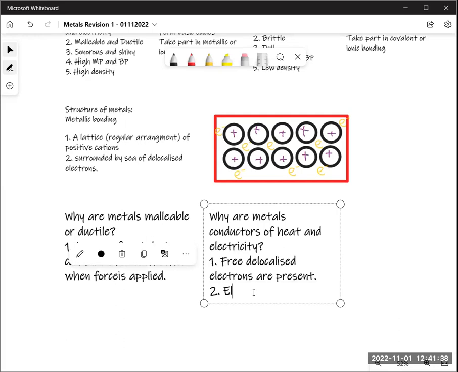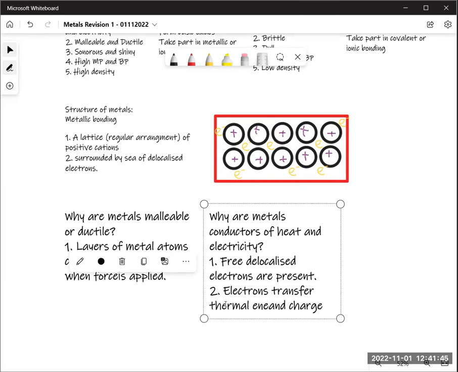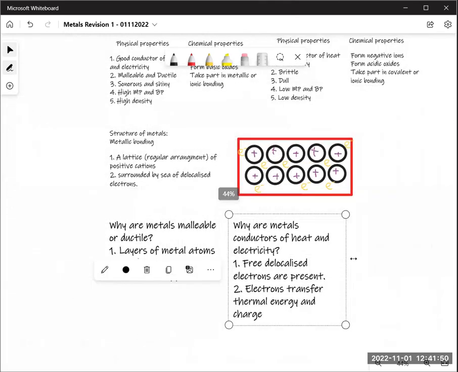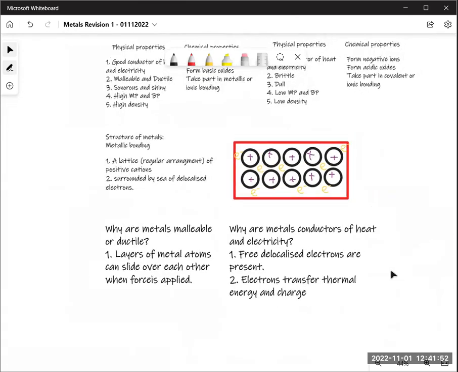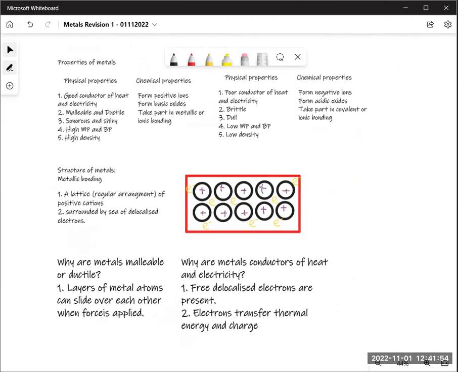Electrons transfer heat and charge. And instead of saying heat, let's say thermal energy and charge. That finishes all the properties of metals.